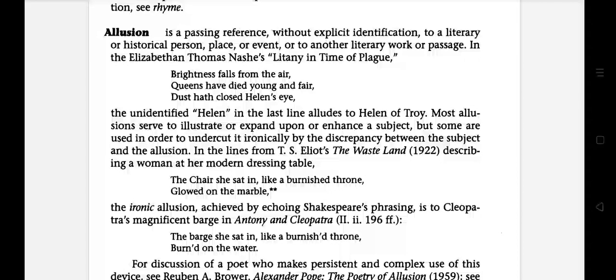In the Elizabethan Thomas Nash's Litany in Time of Plague, the unidentified Helen in the last line alludes to Helen of Troy. Most allusions serve to illustrate, expand upon, or enhance a subject, but some are used to undercut it ironically by the discrepancy between the subject and the allusion.